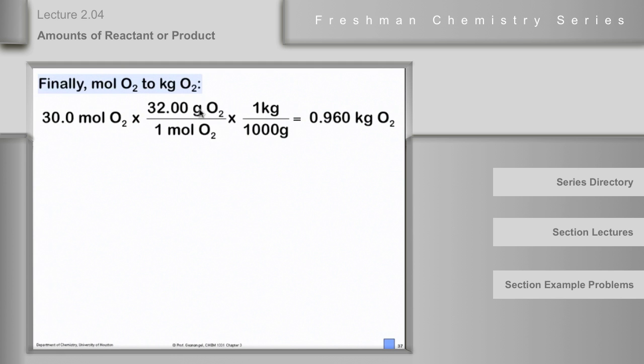To get the formula mass, it's 2 times 16, 32 grams of oxygen per 1 mole of oxygen as a dioxygen molecule. So now we convert to kilograms, 1 kilogram over 1,000 grams, and that gives us 0.960 kilograms of dioxygen. Do we have a question on that?